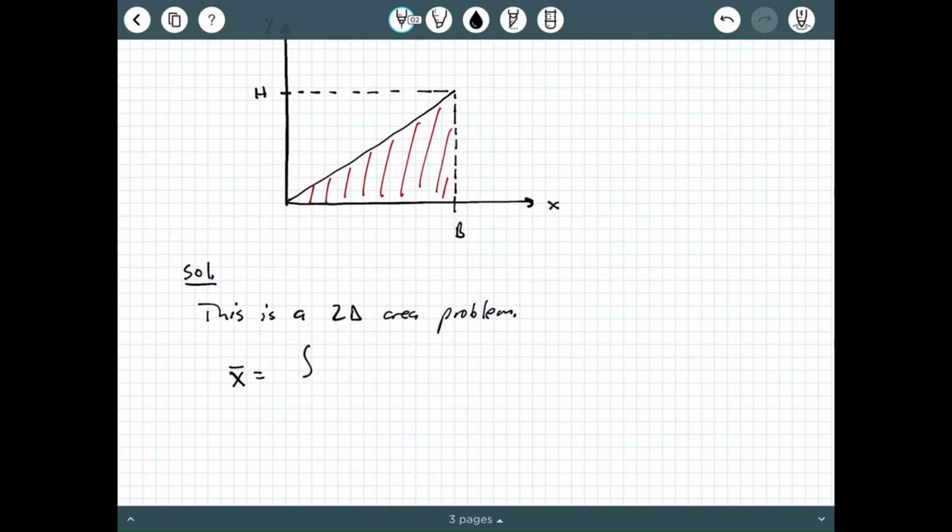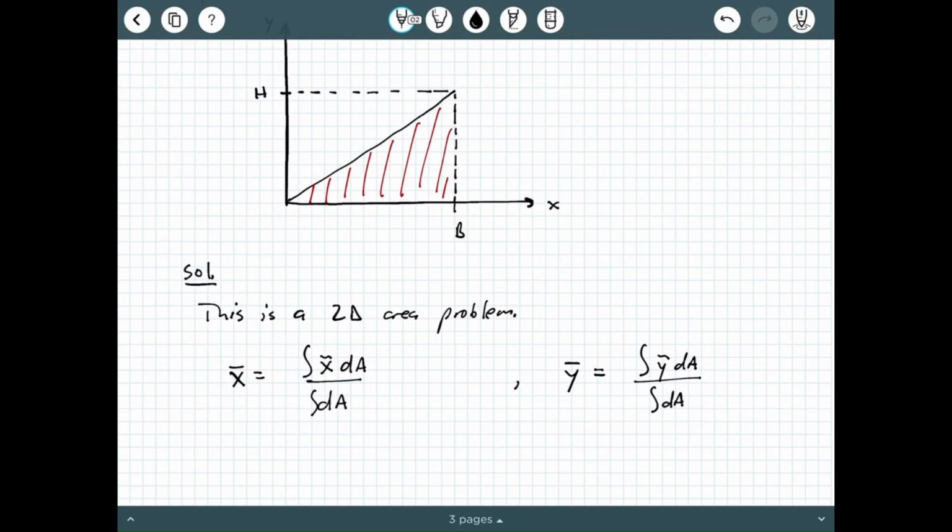So x bar is going to be the integral of x tilde dA divided by the integral of dA, and y bar is going to be equal to the integral of y tilde dA divided by the integral of dA. This is just the area version of the centroid integral formulas.